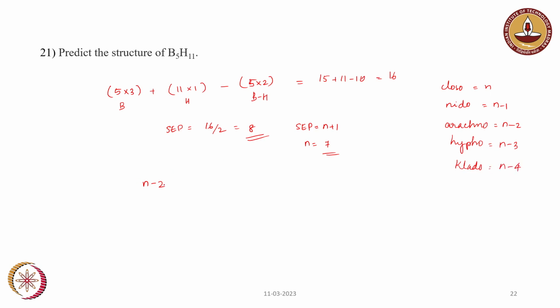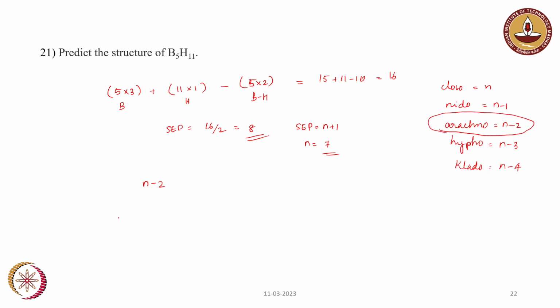So we are given B5, which is 2 numbers less than 7, so it will be arachno.